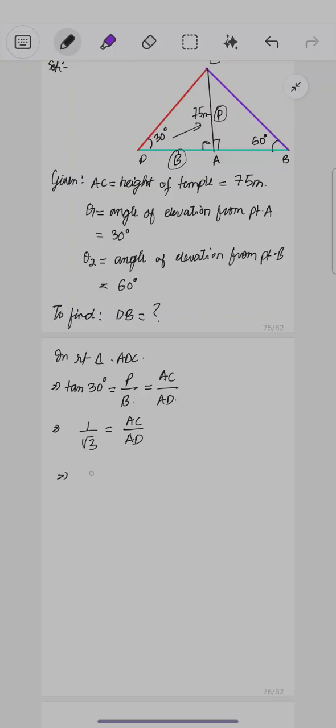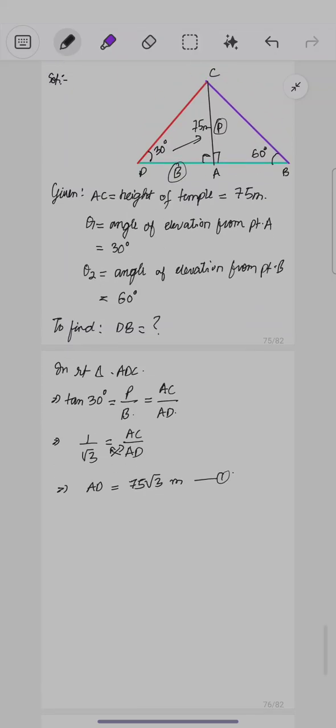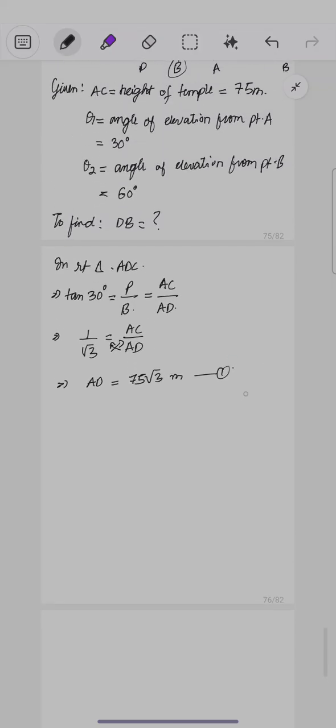Solving, AD equals 75 root 3 meter, equation number 1.